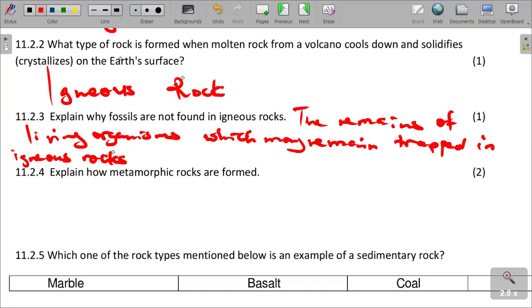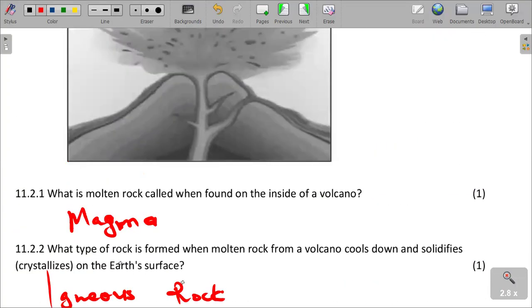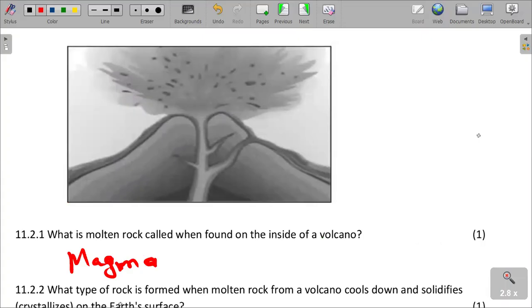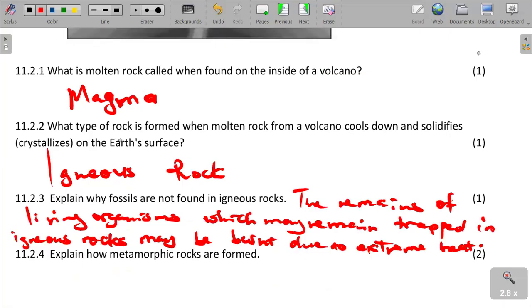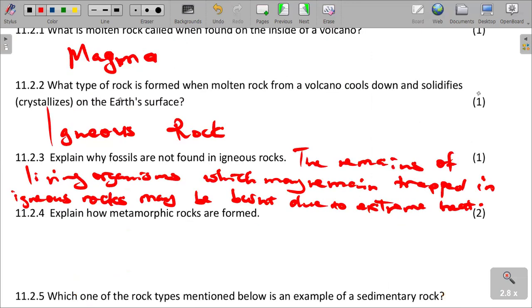What happens is that they will be burnt due to the extreme heat involved in volcanoes. Remember that igneous rocks are formed from volcanoes. So any animal remains that might be found in the rocks may be burnt off due to the extreme heat involved in the volcanic eruption.